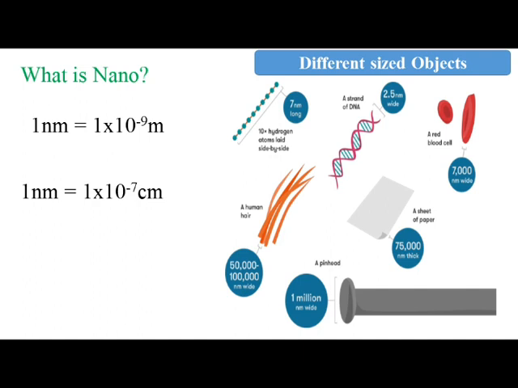Hairs, if you measure their size, are between 50,000 to 1 lakh nanometer wide. And if you take 10 hydrogen atoms in a single line, it is 7 nanometer long. So by seeing all these objects, you can get an idea how small a nanomaterial is.